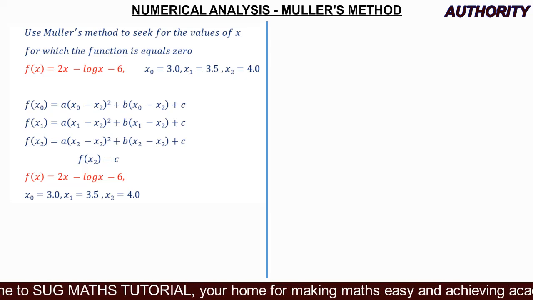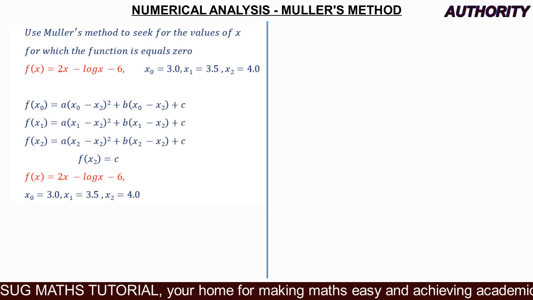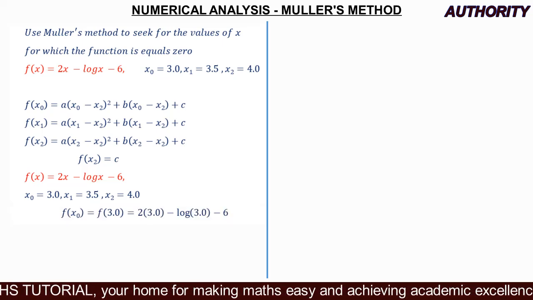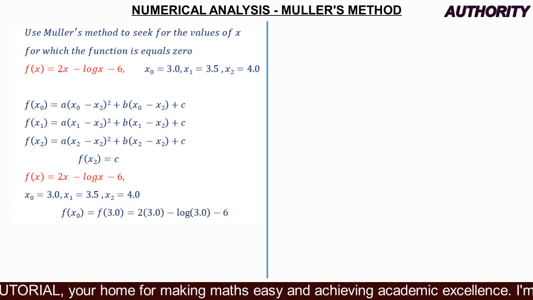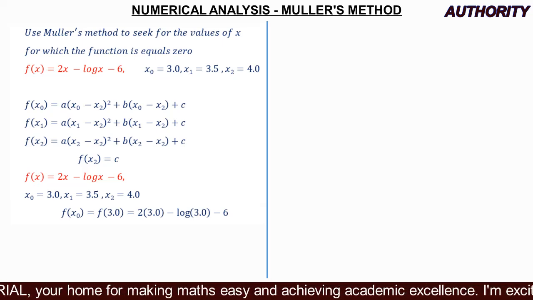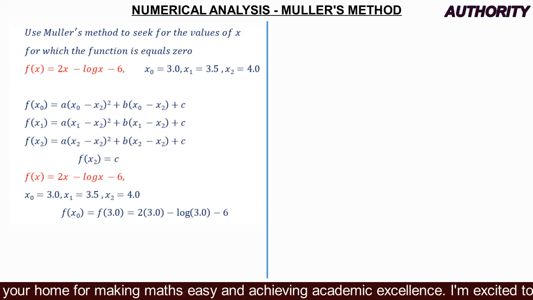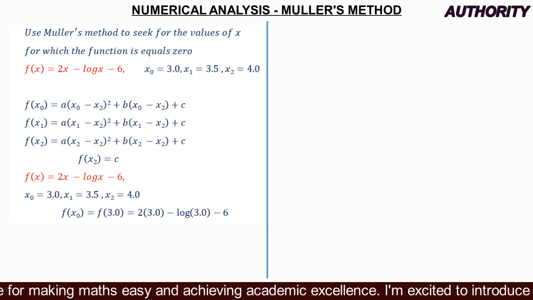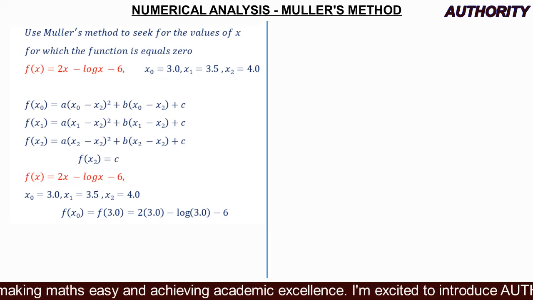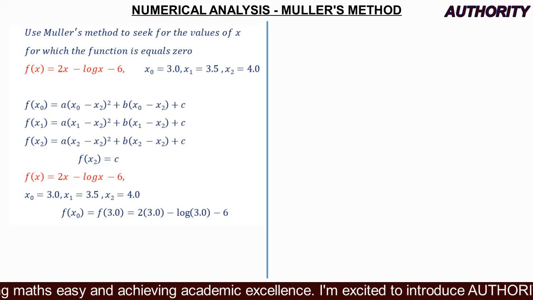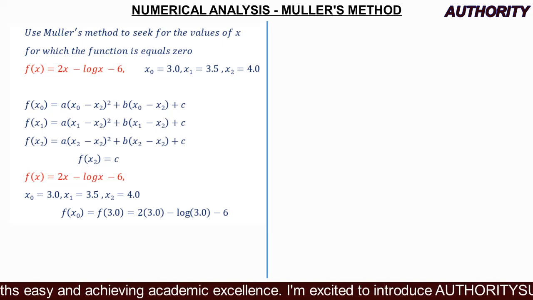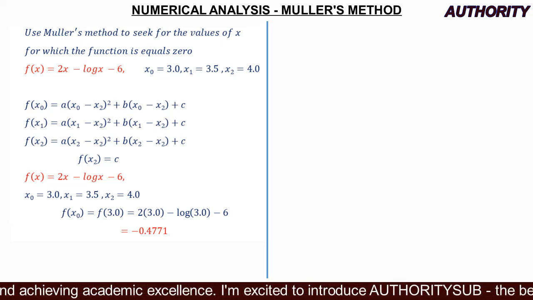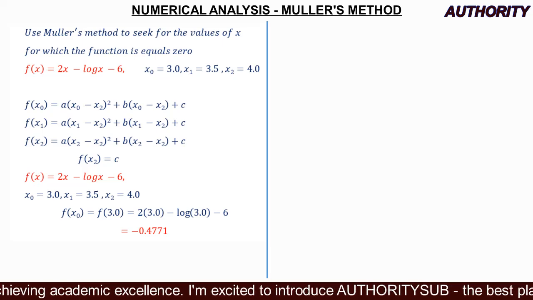So for us to find f of x naught, we have f of x naught is f of 3.0, or 3, which is equal to 2 in the place of x, 3.0 close the bracket, minus log in place of x 3.0, then minus 6. So when we evaluate this, we are going to see that f of x naught is equal to minus 0.4771.